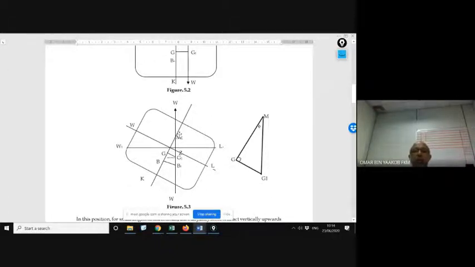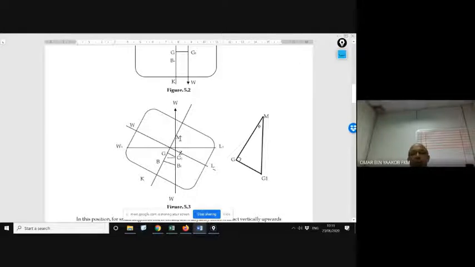For a small angle, M will be constant, so that the center of buoyancy will go under the center of gravity and go through M. Okay. So in this case, you see that the volume displacement is shifted to the right, and that's why the center of buoyancy is to the right here.